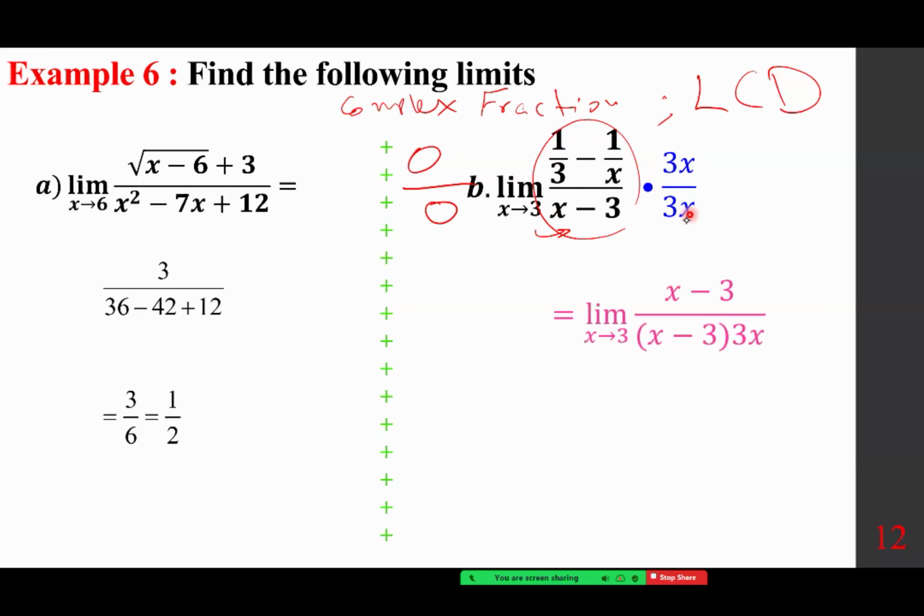You keep it as a product. Why? Since x is approaching 3, x minus 3 creates a 0. 0 in the denominator is not good. You're hoping to get rid of it. And we do. Plug in, and 1 over 9 is the final answer.